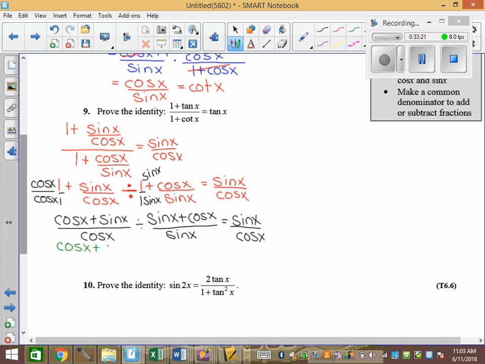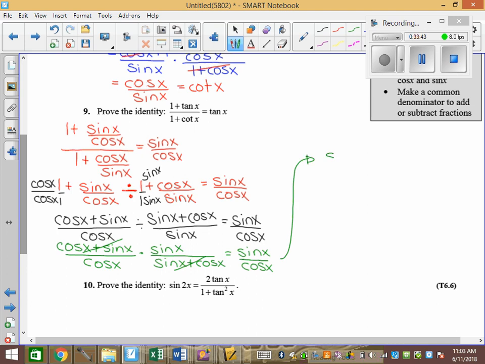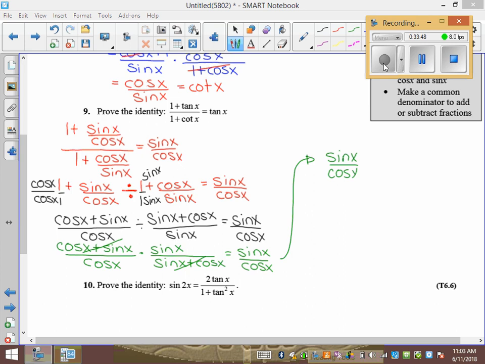Flip, so I'm going to get cos x plus sin x over cos x times sin x over sin x plus cos x equals sin x over cos x. These are the same, they cancel. So I'm going to get sin x over cos x equals sin x over cos x. Left side equals right side.